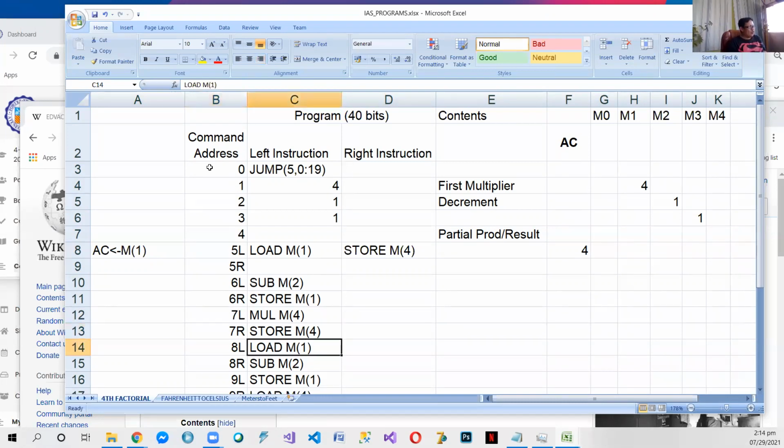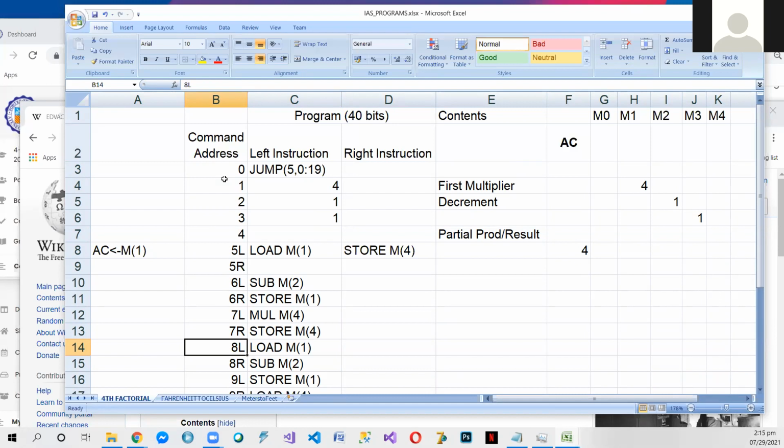What is stored here is load M1. This is not in memory, but this is the address in memory. Because remember, the address will be stored in the memory address register. This is the address that is stored in the memory address register during the fetch of the instruction. Do you follow?